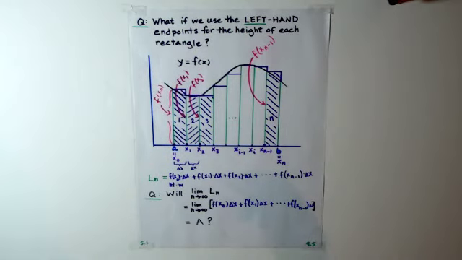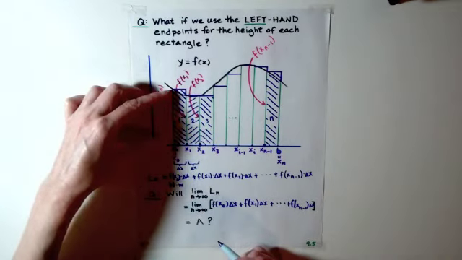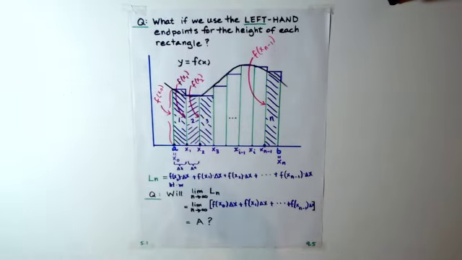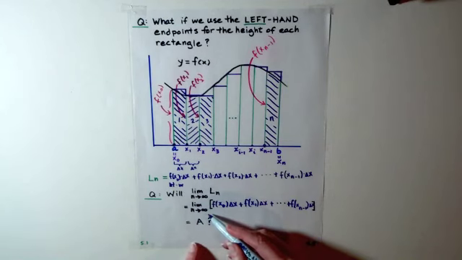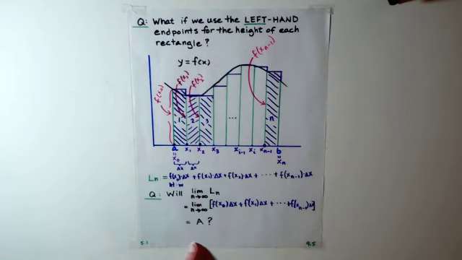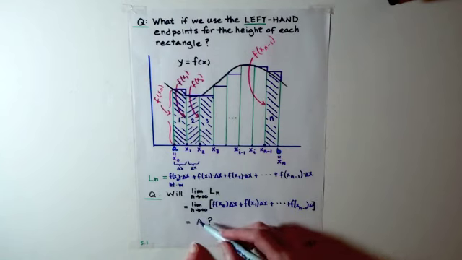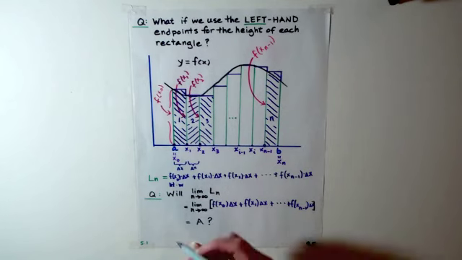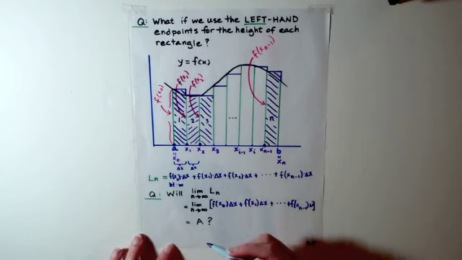Well, I hope it makes sense that it doesn't really matter whether we use the left-hand heights or the right-hand heights under the curve on each subinterval. If we allow the number of rectangles to go to infinity, we will still eventually get the exact area under the curve. And we'll get the same value for A that we did using the right-hand limit.